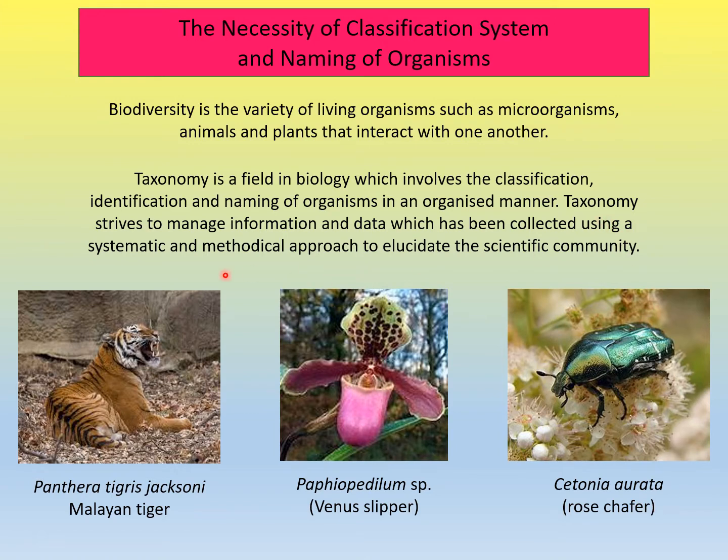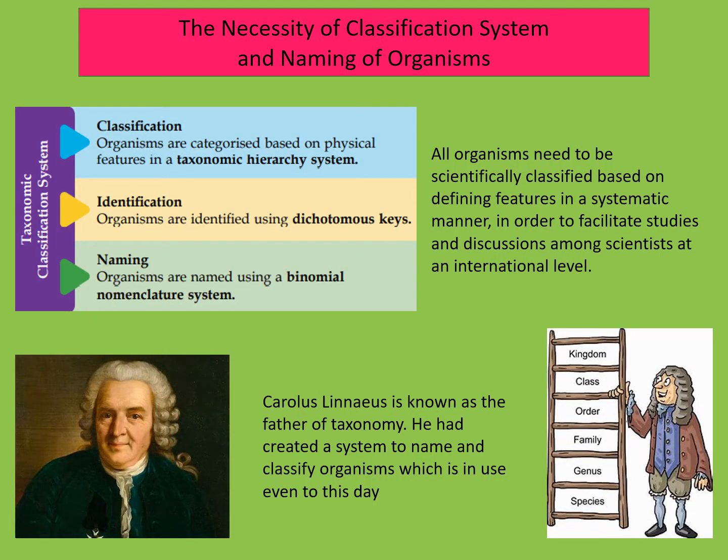Okay, taxonomy strives to manage information and data which has been collected using a scientific and methodological approach to elucidate the scientific community. Okay, so this is taxonomy. All organisms need to be scientifically classified based on defining features in a systematic manner in order to facilitate study and discussion among scientists at an international level.